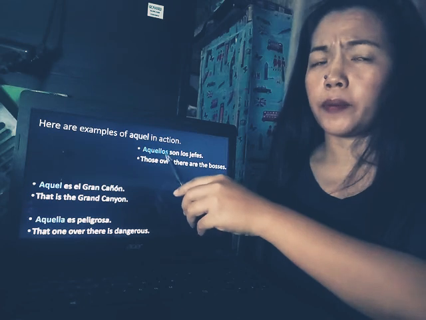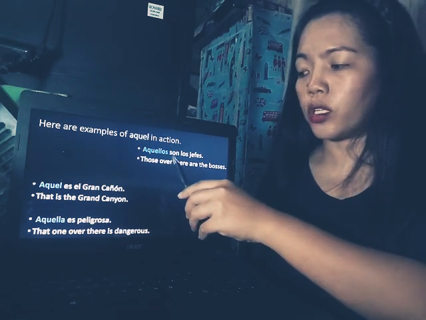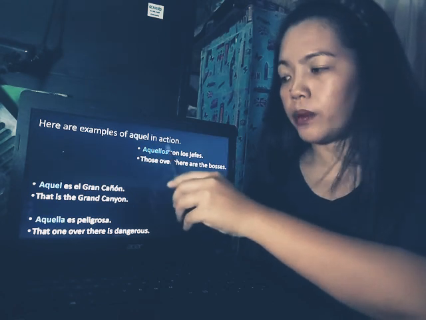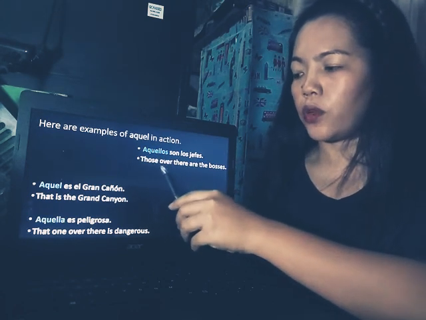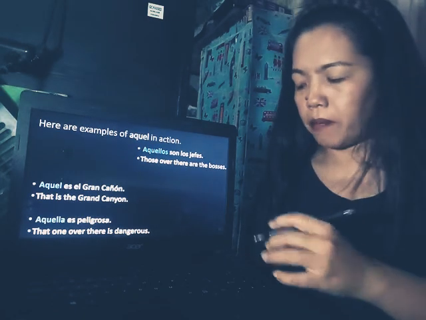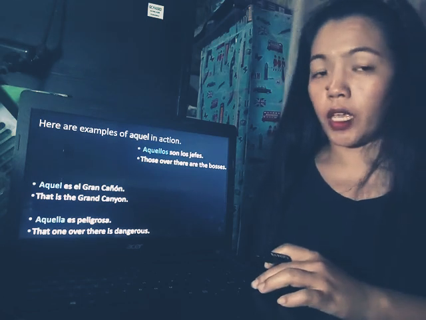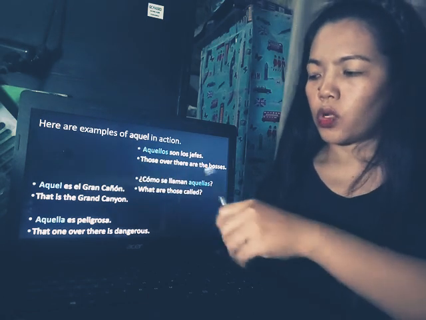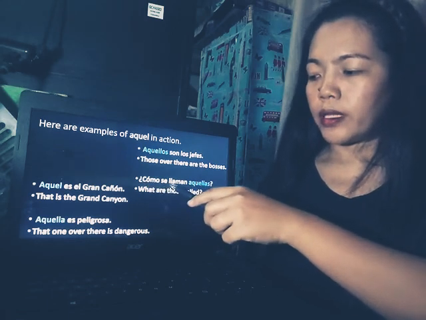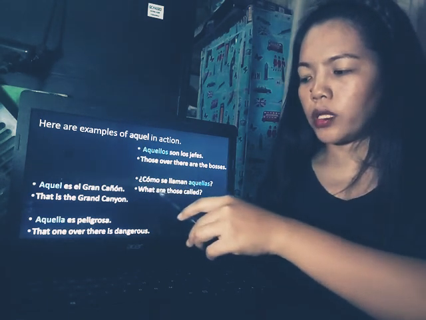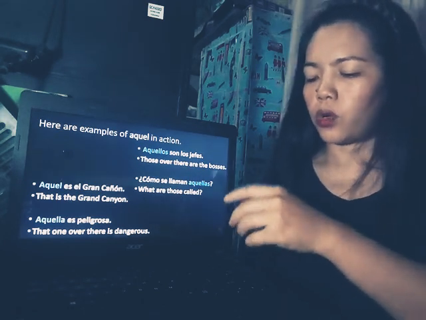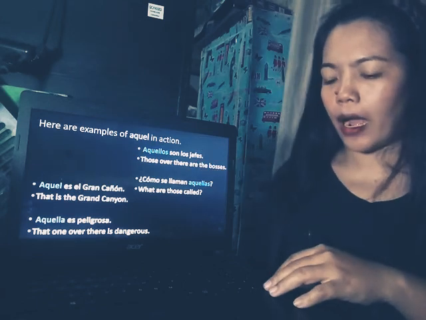Aquellos is the masculine form, so it's for men. Next, ¿cómo se llaman aquellas? So what are those called? How are you going to call them? So those are examples for aquel.